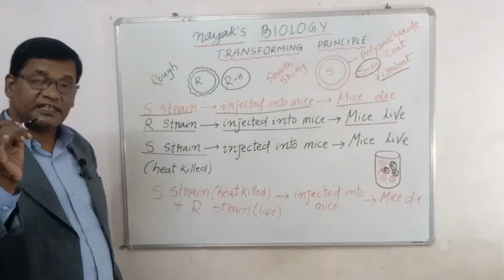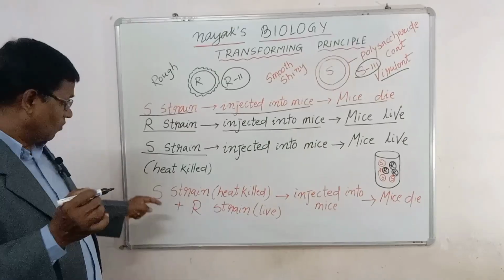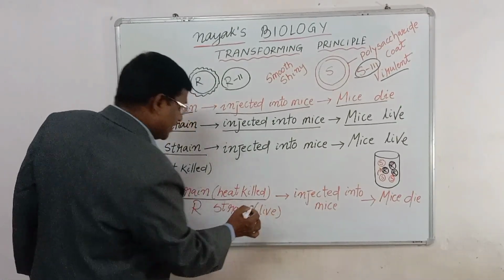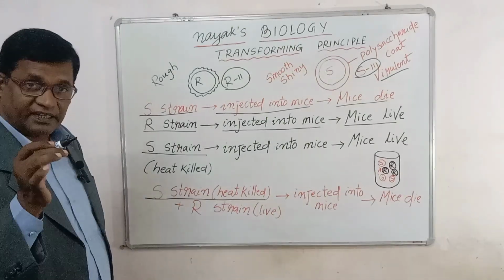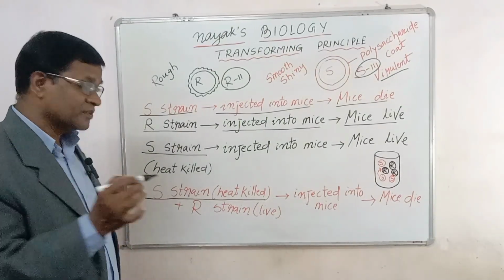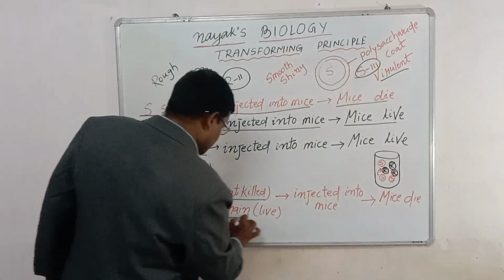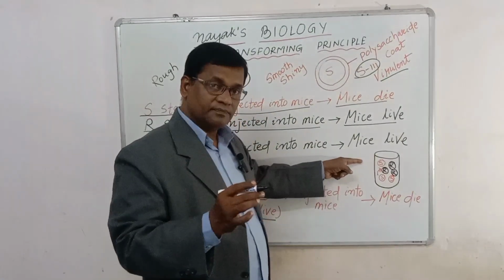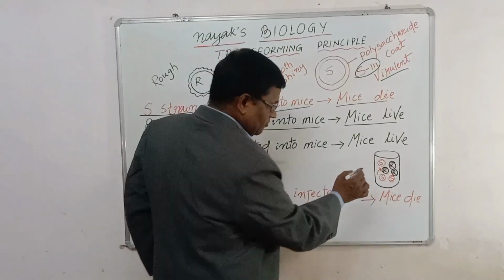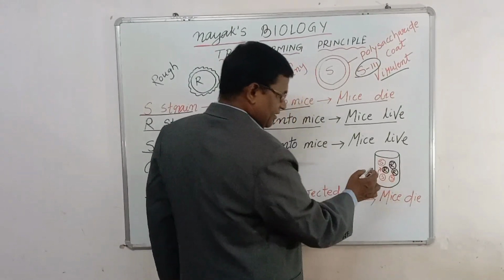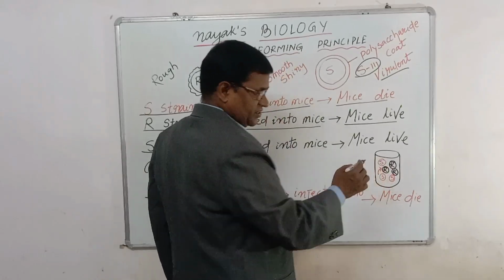Now what happened? The most important phase of the experiment: he combined the heat-killed S strain, meaning the S strain which is already killed by the heat treatment, mixed with the R strain which is live. You will see here the S strain, which I marked in red color, and the R strain, which is a rough strain.